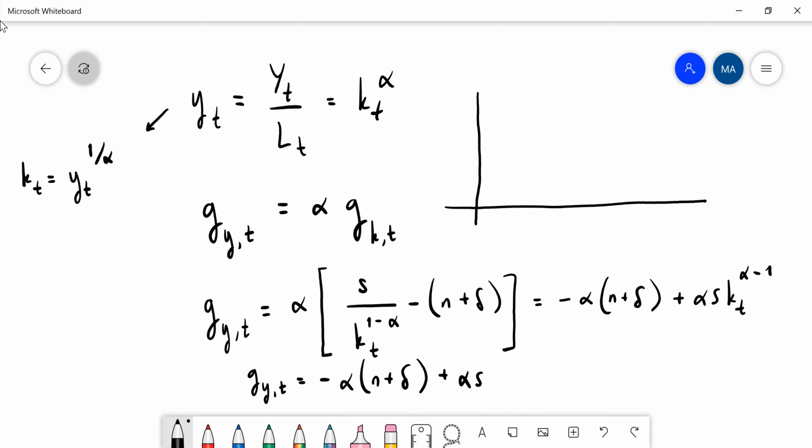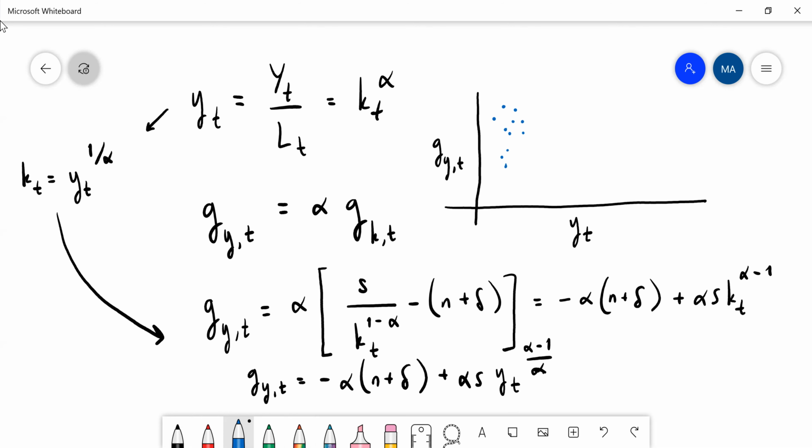Now replace k_t with that. So then you have y_t to the alpha minus 1 divided by alpha. Then if you put y_t here and g_yt here for many different countries, remember our growth facts?